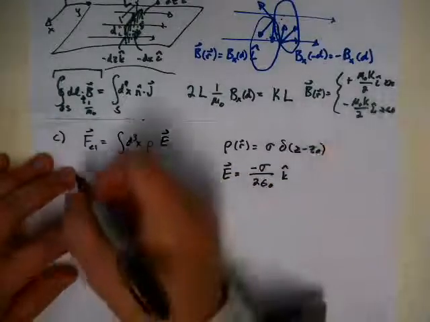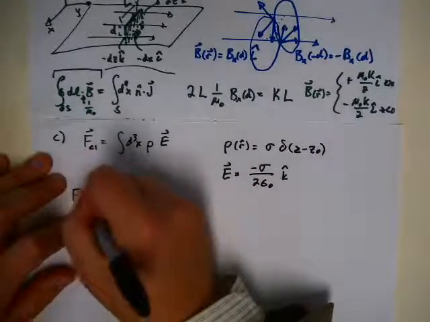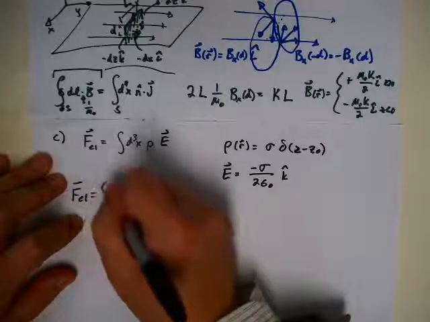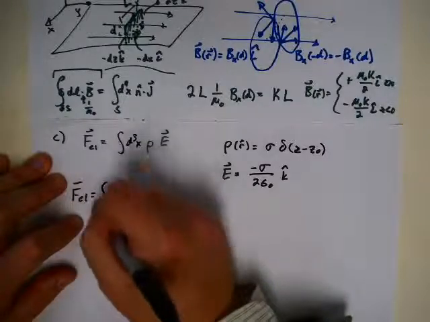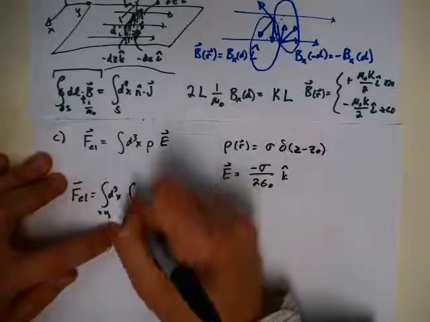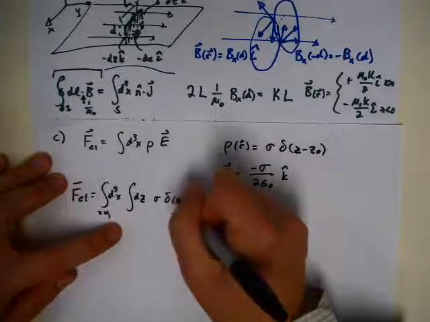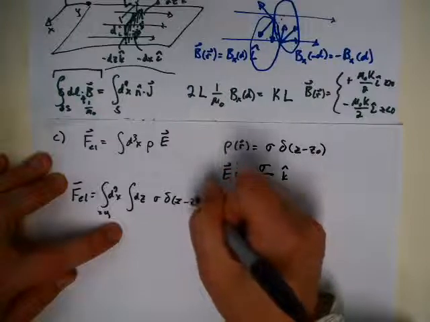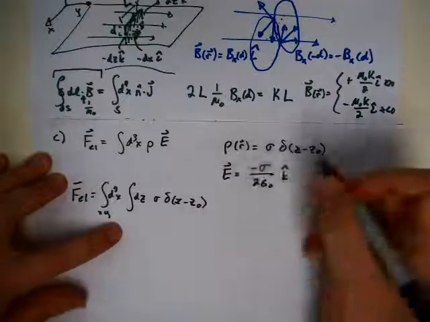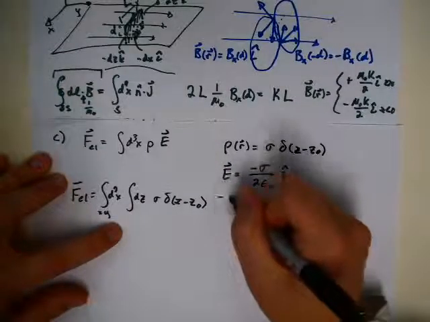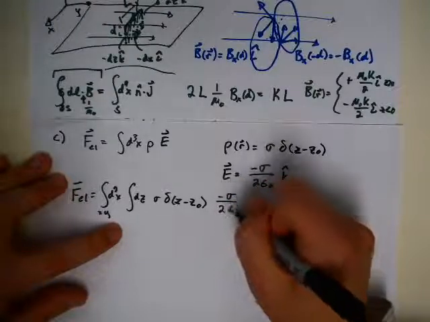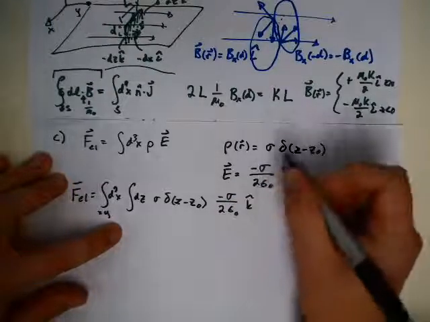And so just plugging these in, we're going to get that the F electric is going to be equal to, again, integral d2x in the xy plane, integral dz of sigma delta z minus z naught times minus sigma over 2 epsilon naught k hat.